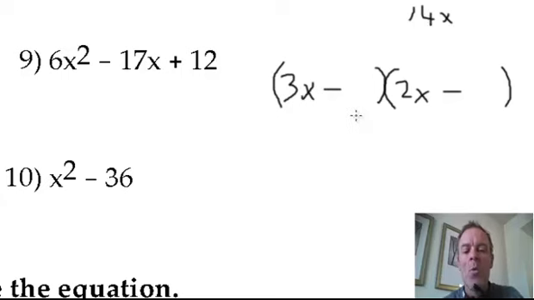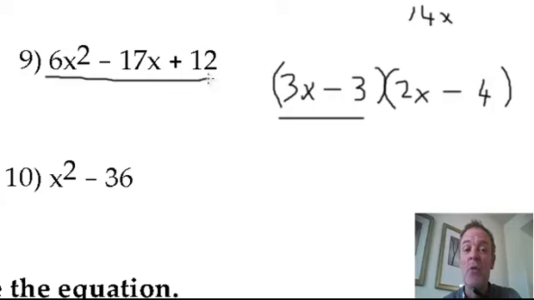Now, what I'm going to do here is put the 3 there and the 4 there. Without me even checking by doing the FOIL, I know that's wrong straight away. And the reason is, look at this 3x minus 3. I can factor a 3 out of that. Now, if I can't factor a 3 out of the original question, why can I factor a 3 out now all of a sudden?